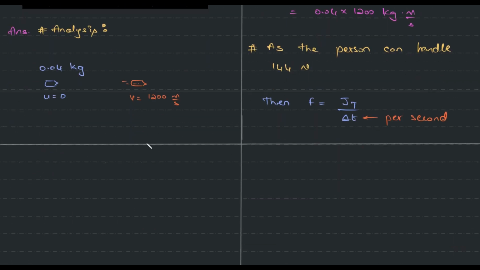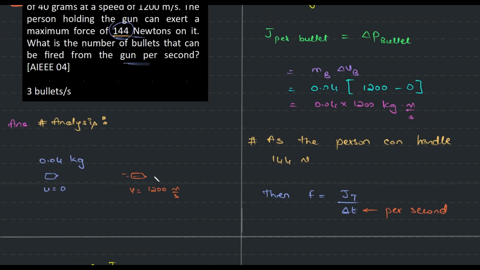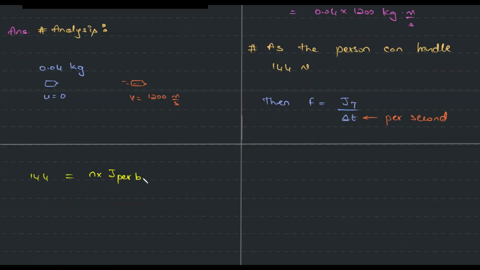So 144 is equal to the number of bullets into the impulse by each bullet, per bullet, divided by 1.